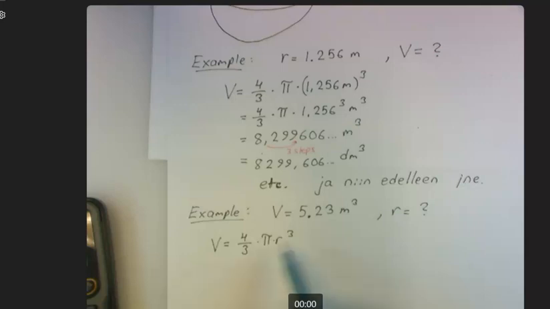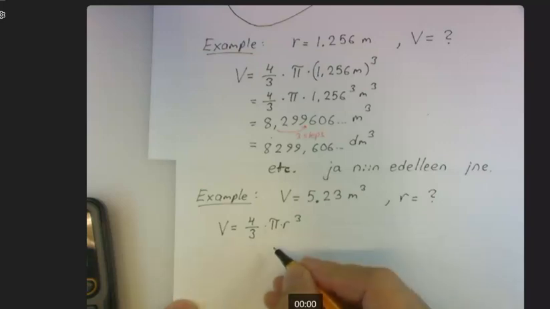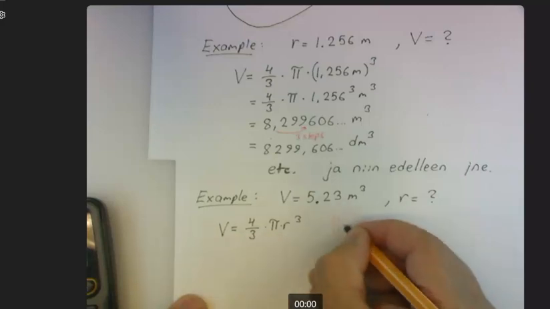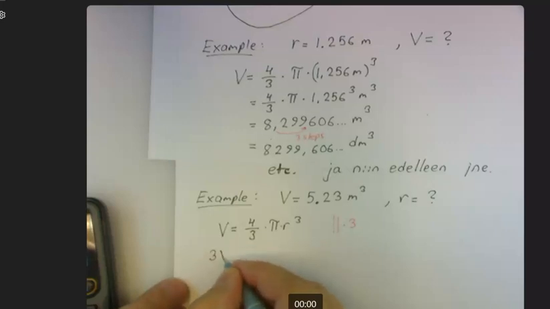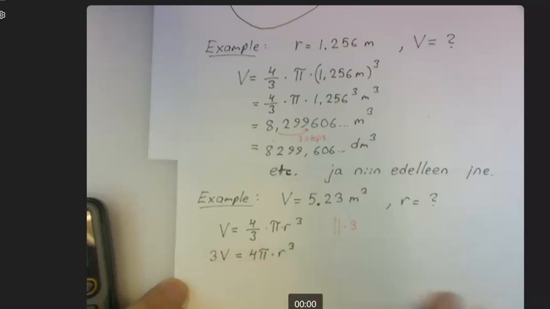Yes, we will solve the r. And what first? Well, of course, it depends how you want to solve this, but if we want to get rid of this 3 on the right hand side, we multiply with it. So we get 3V equals 4 pi r cubic.